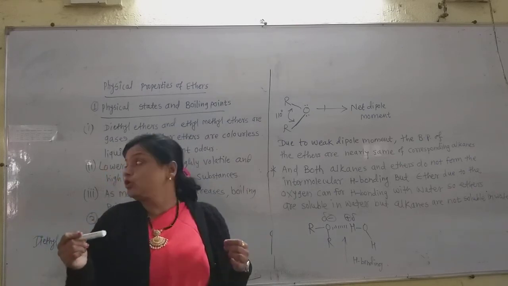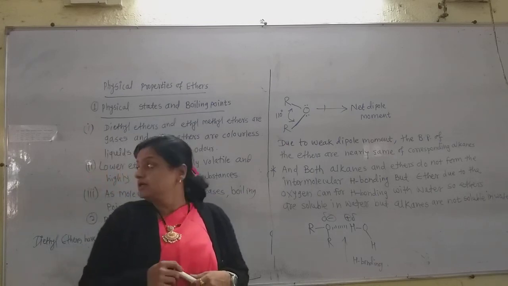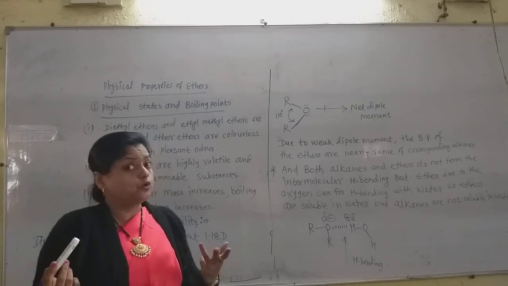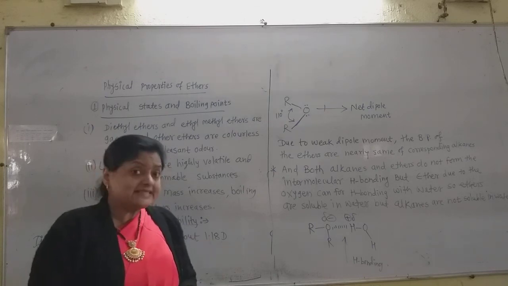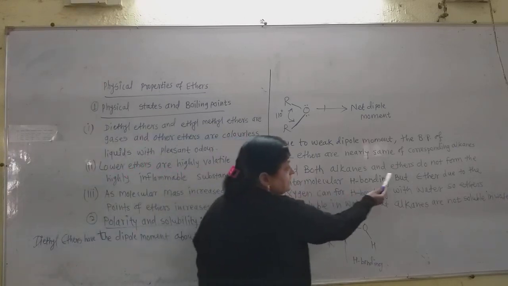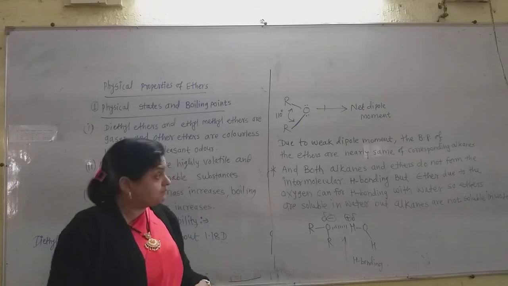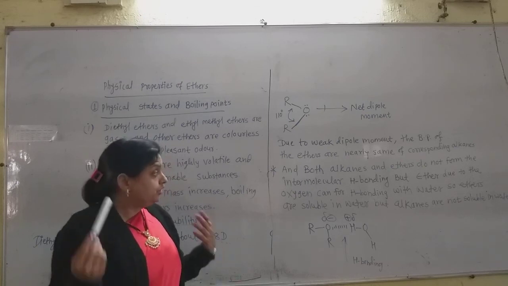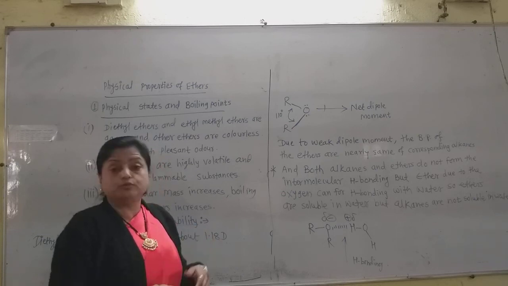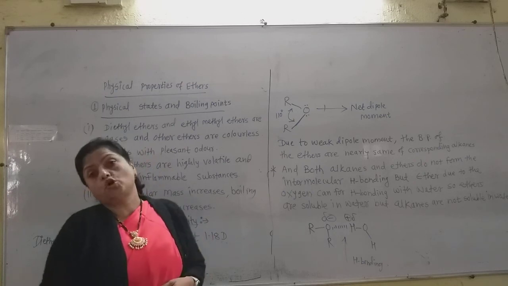But alkanes are not soluble in water because alkanes do not form such intermolecular hydrogen bonding with water molecules. Both alkanes and ethers do not form intermolecular hydrogen bonding between themselves, but ethers, due to the oxygen, can form hydrogen bonding with water. So ethers are soluble in water, but alkanes are not.